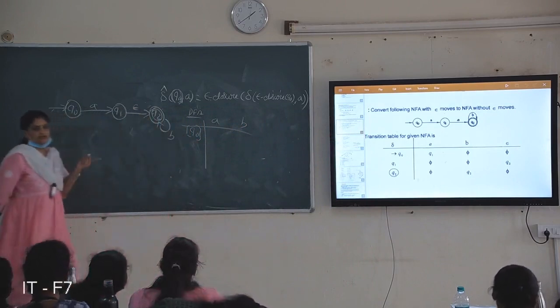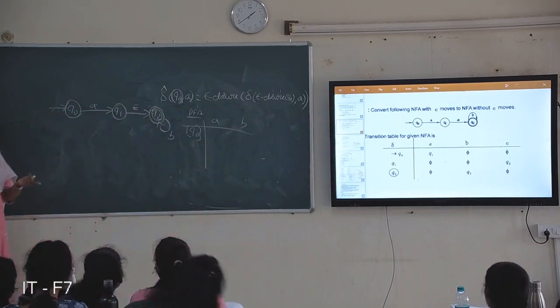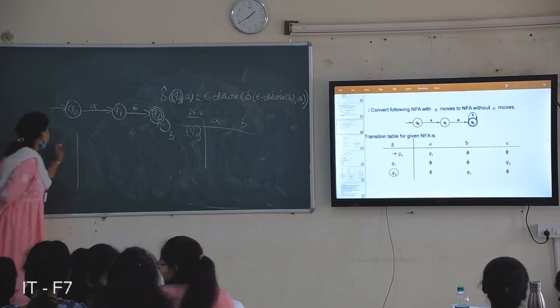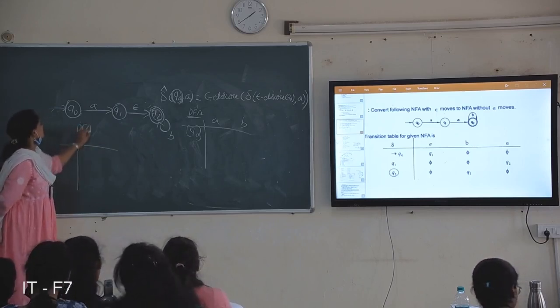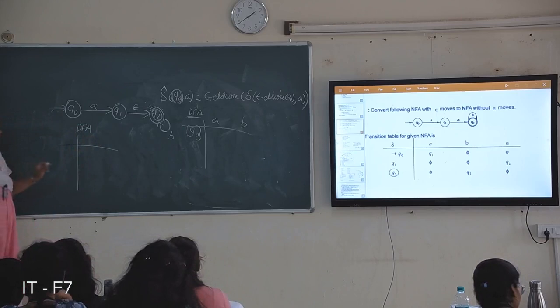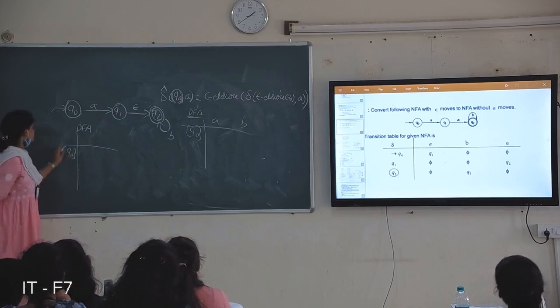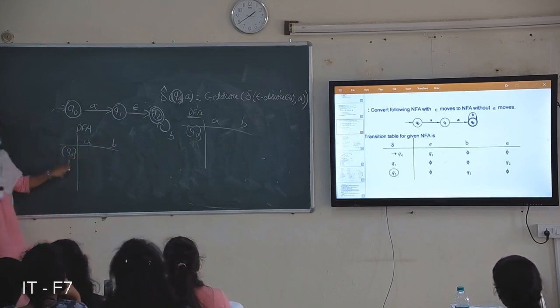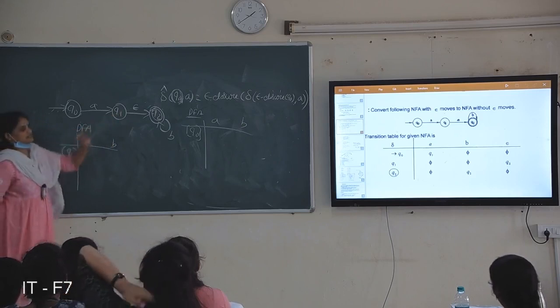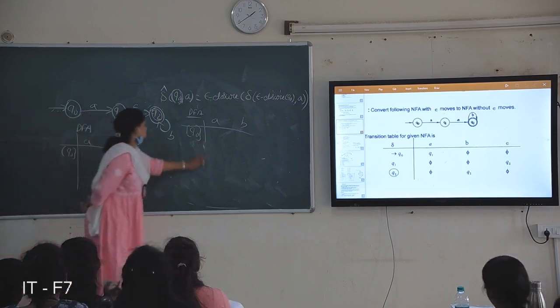Null is there, epsilon is there. So I have to find out DFA. I want to construct DFA for this given diagram. Okay, so starting state definitely we consider only starting state Q naught and apply that transition function.